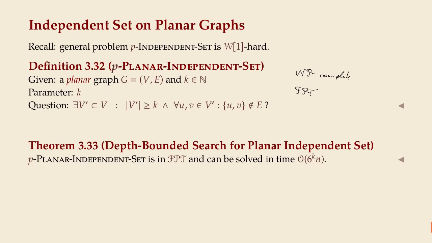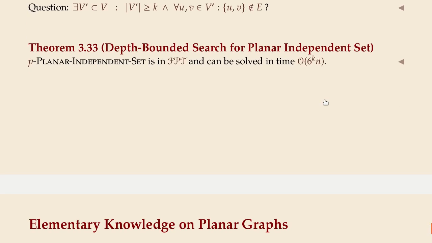So this is one instance of a problem where the parameterized theory helps improve the picture, it is more fine-grained, and where you can exploit that. So we'll see that it's in FPT and can be solved in such a running time, which is maybe still a bit high, but we'll see worse later. Always think that k is small.